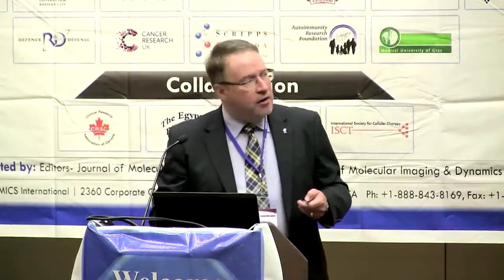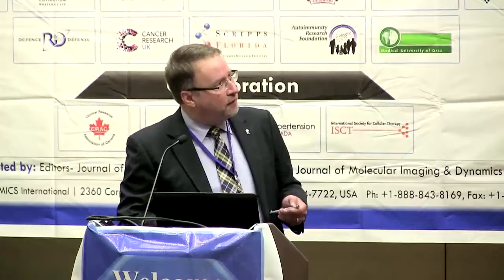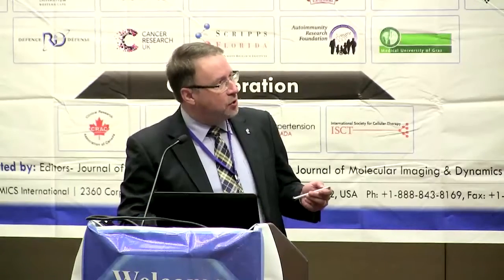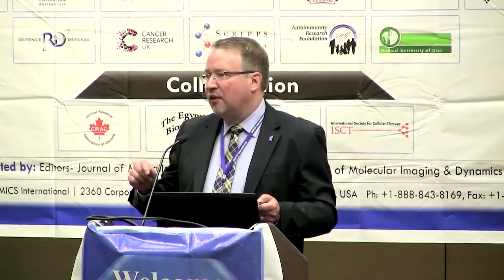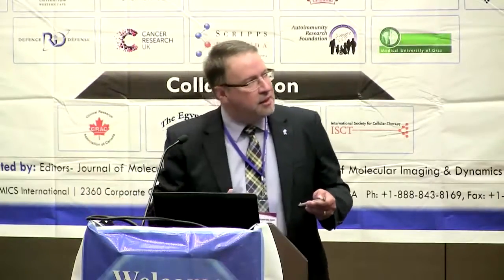OA, or osteoarthritis, is the most common form of arthritis and the leading cause of chronic disability in the world. Today, 1 person in 9 will develop osteoarthritis. Normally I start counting and pointing at you, so you will develop osteoarthritis.